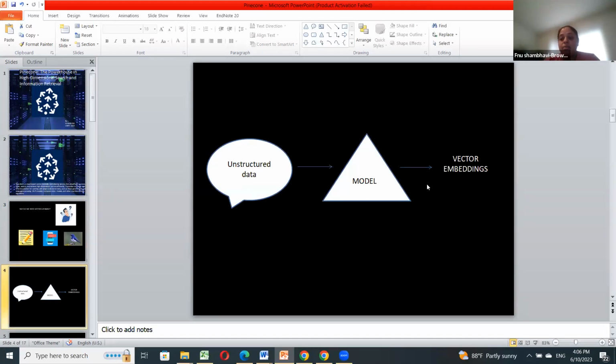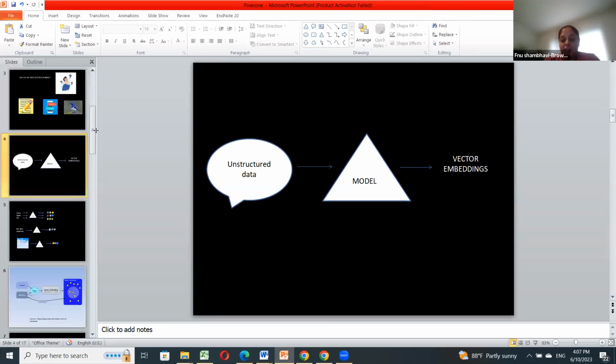This helps in fast retrieval as well as similarity searching. Both functions play a major role, because when you store your data as vectors, similarity search and fast retrieval become very fast compared to working with normal data that is not converted into vectors.